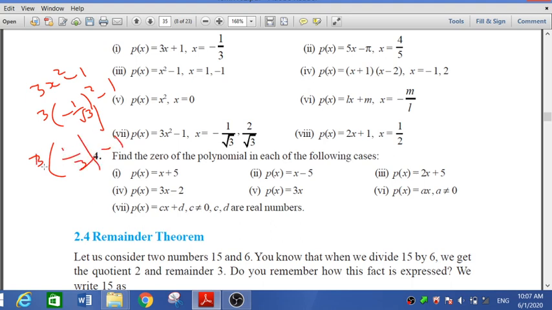So these 3 cancel. So minus 1 plus 1, the answer is 0. So in the first we can say yes. Why? Because root 3 square is the number itself. So we can say the answer is yes. But in 2 by 3 we have to check that answer. We can get 0 or not.